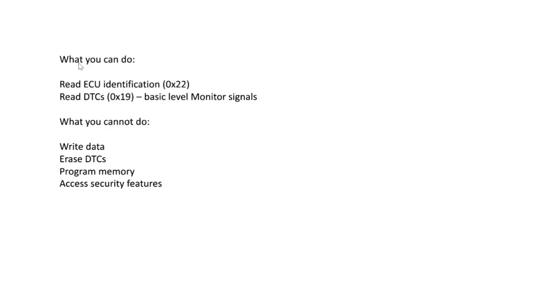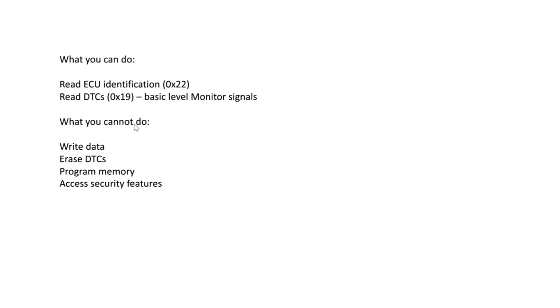What we can do here in the default session: we can read ECU identification, that is service 0x22, also called read data by identifier, and reading the DTCs through service ID hexadecimal 19.